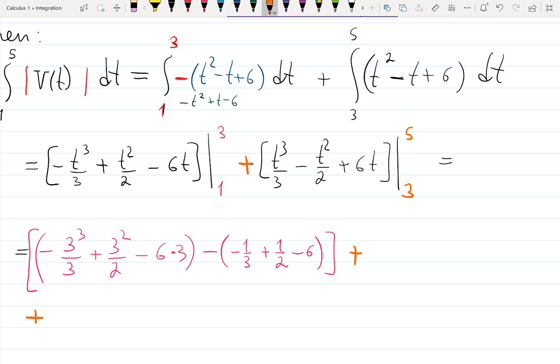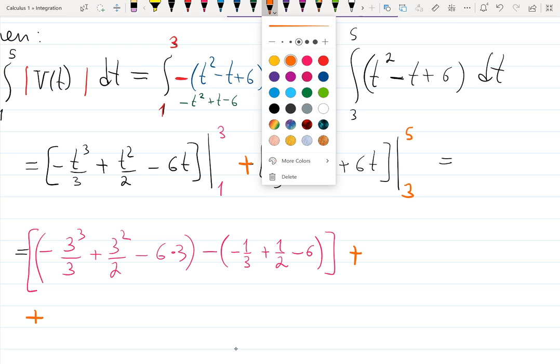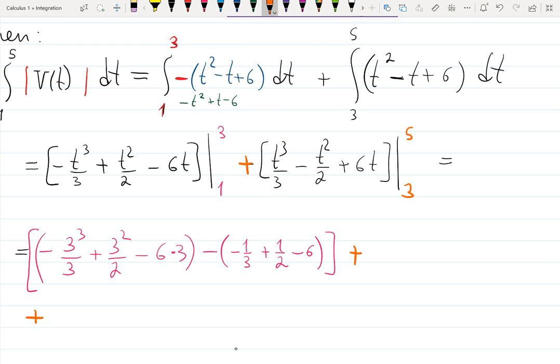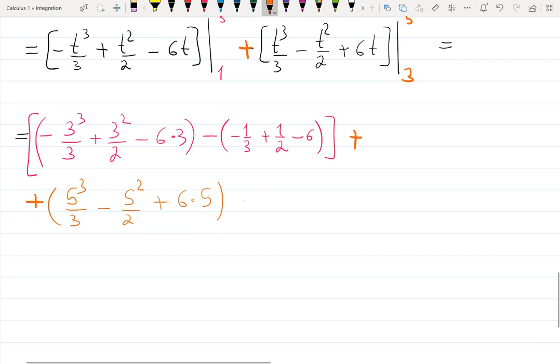So plus the orange piece. That one will be plugging in 5 everywhere, like we did before in part A: 5 cubed over 3 minus 5 squared over 2 plus 6 times 5. That's the top part. Minus, now plugging in 3 everywhere: 3 cubed over 3 minus 3 squared over 2 plus 6 times 3, brackets. And that's the second integral.